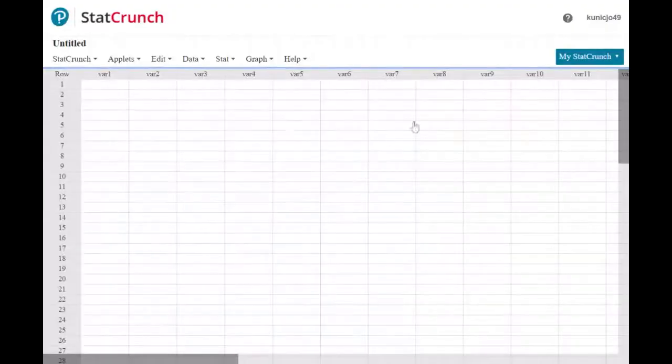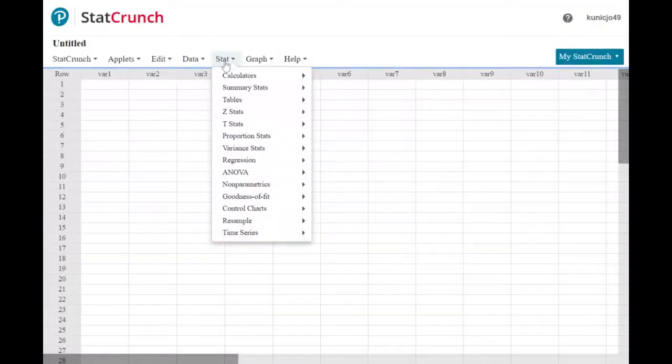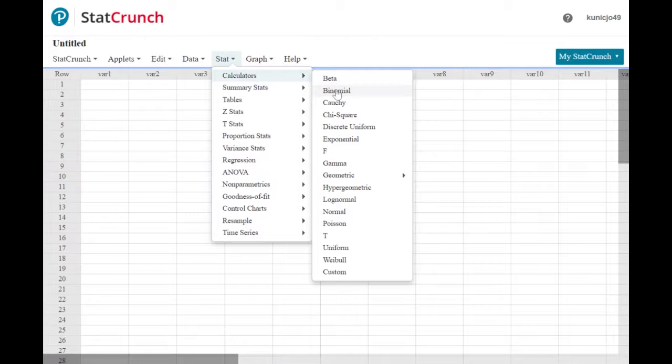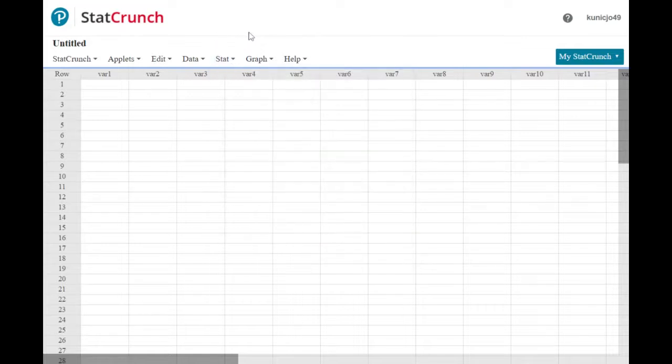So now in StatCrunch, here it comes. Right there. You see it? So I'm going to say calculator, binomial. You see that? Not yet. You see StatCrunch? No. All right, I got to reload it, unfortunately. I closed it accidentally.